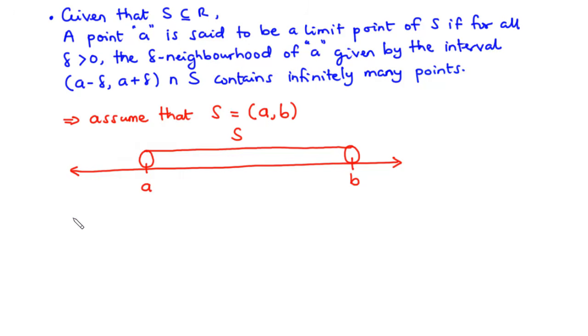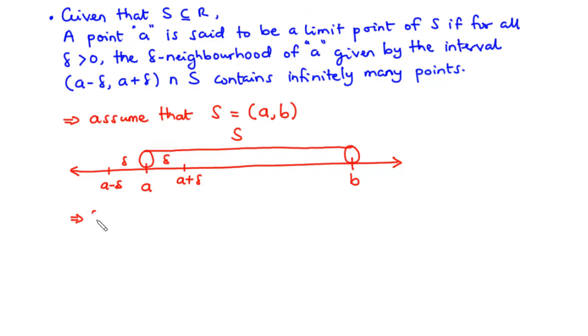So the first thing we are going to do is to find the delta neighborhood of A. To do that, we move some distance along the real line both to the left and right by delta. So we move some distance to the right by delta, and then we have this point to be A plus delta. Now we do the same for the left hand side, and then we have A minus delta.